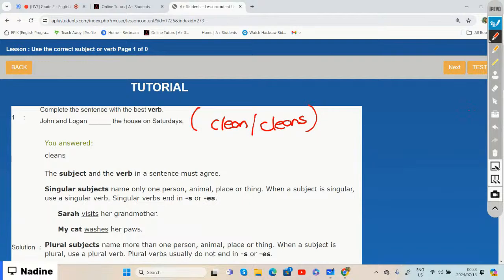We need to choose the correct one where the subject agrees with the verb. All right, so we need to choose the correct one. It says, John and Logan. Do we say clean the house on Saturdays, or do we say cleans the house on Saturdays?